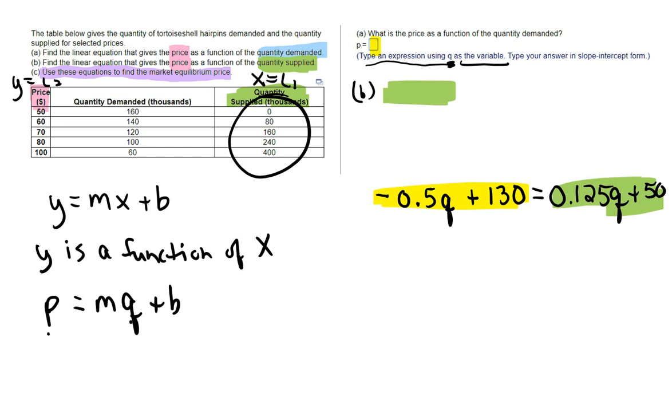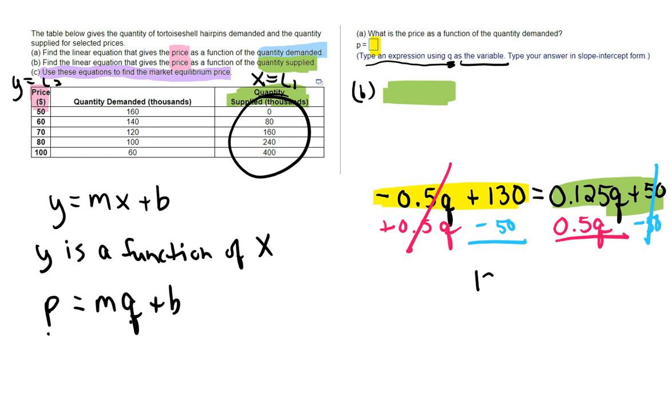Looking at this, I am going to add 0.5 Q to both sides, so that'll cancel. And in the same breath, I don't want this 50 over here, so I'll subtract 50. So that cancels.